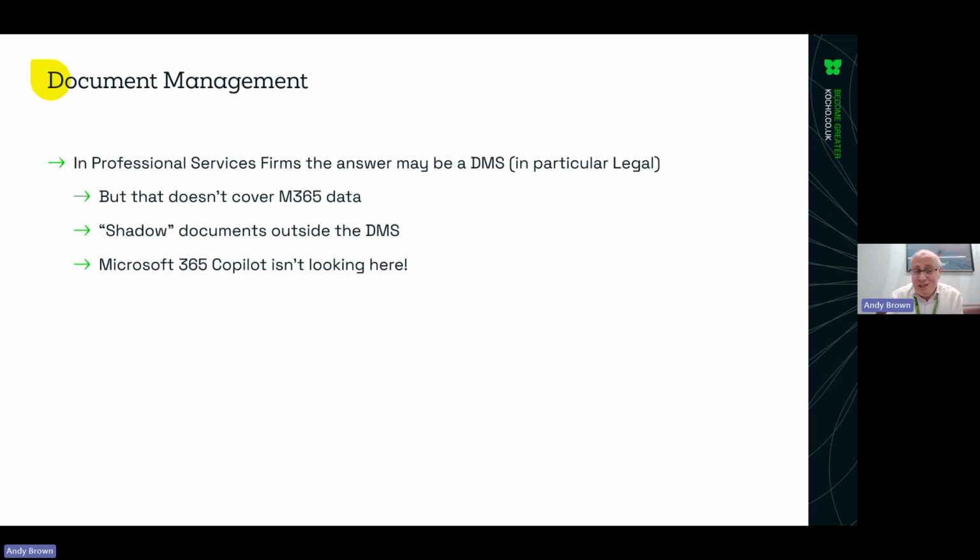And then there's a whole interesting new challenge coming along where you've got M365 Copilot programs, which are ultimately, out of the box, there to work across data that's in SharePoint, Teams, OneDrive, etc., because that's what the user has access to. It's not necessarily looking into a third-party data store.